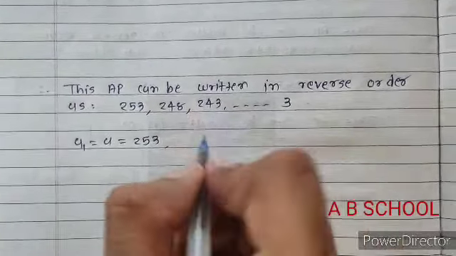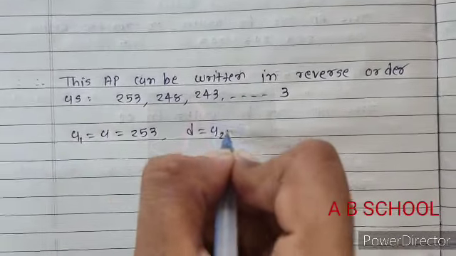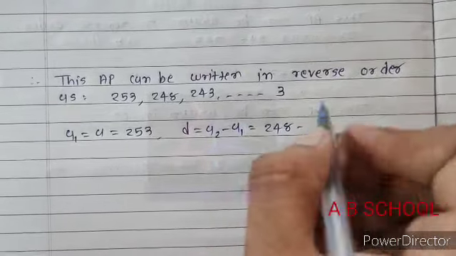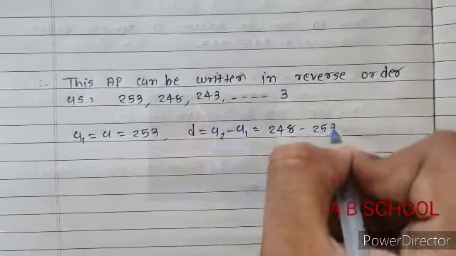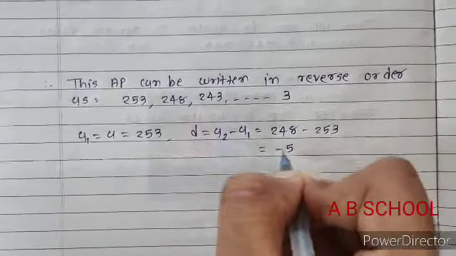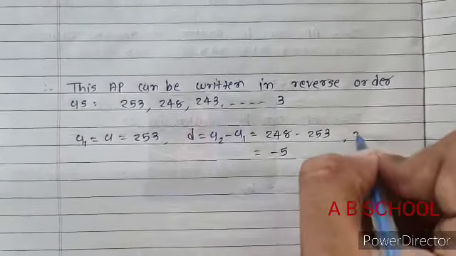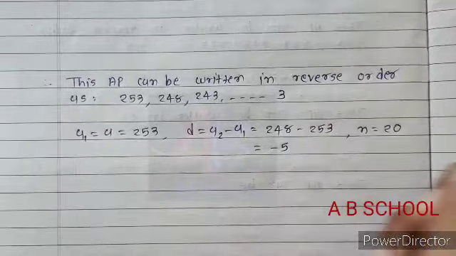The common difference D is equal to A2 minus A1. The value of A2 is 248, so 248 minus 253 is equal to minus 5. We have to find the 20th term, so the value of n is equal to 20.